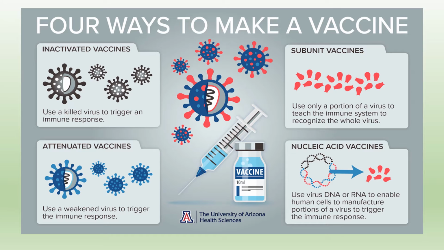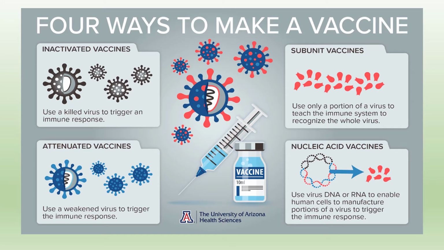The immune system responds pretty strongly to living attenuated viruses. These viruses are not able to cause disease. We've genetically modified them somehow to make it so they can't cause an infection. Live attenuated vaccines produce a long-lasting, strong immune response. These are used in the measles, mumps, rubella vaccine and the chickenpox vaccine.